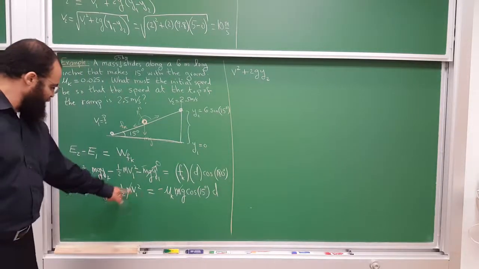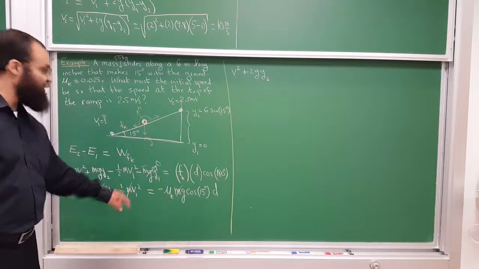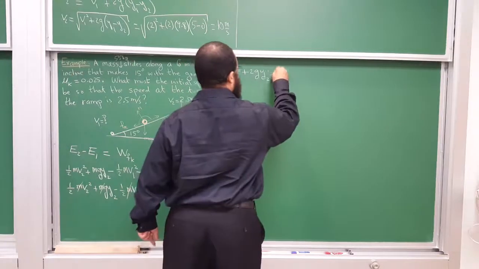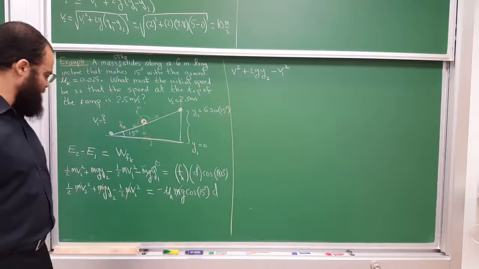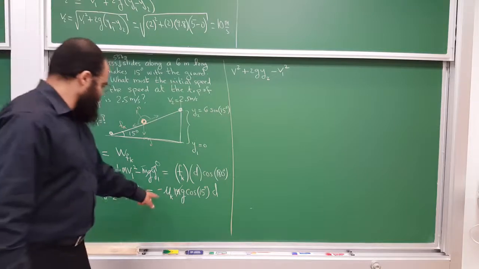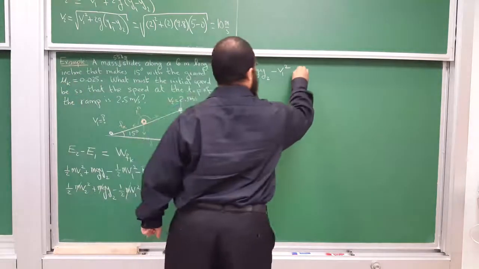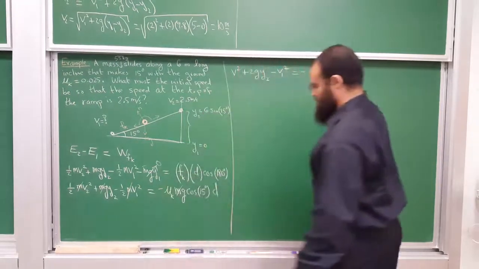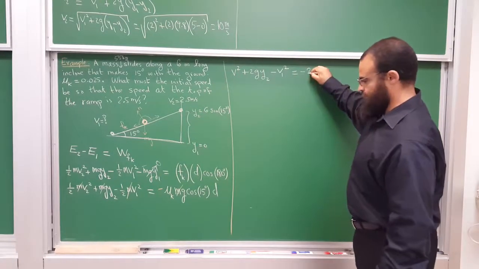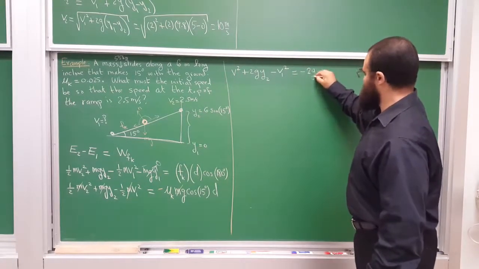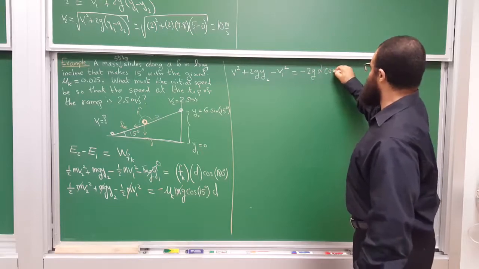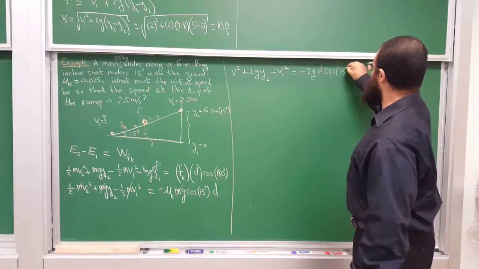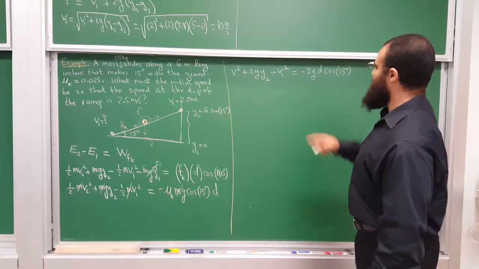You multiply by 2 here, the 1/2 goes away, and you have minus v1 squared. That's it on that side. And then you multiply by 2 here, you get negative 2 g d cosine of 15 degrees.